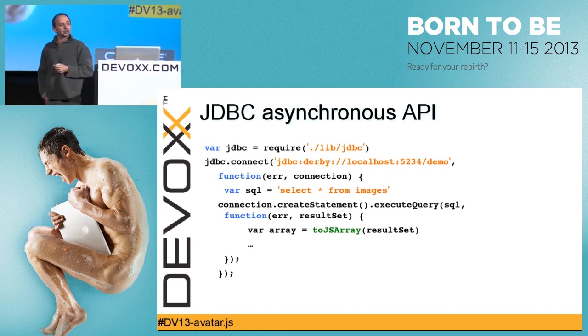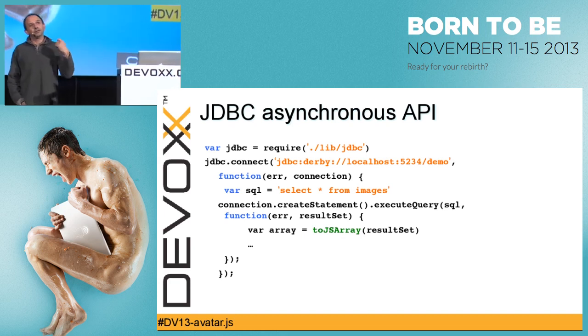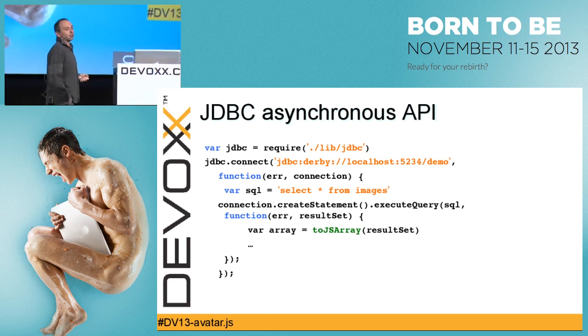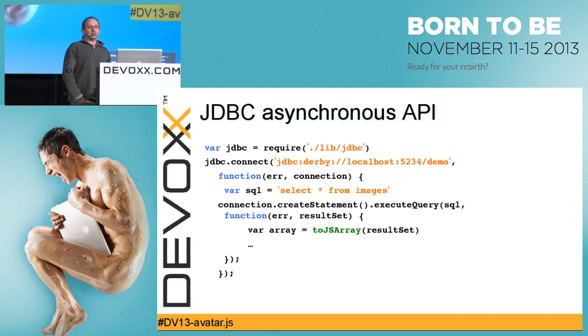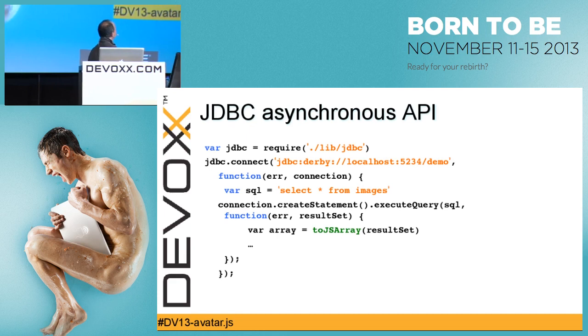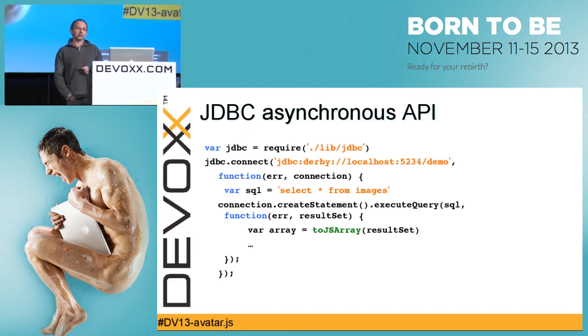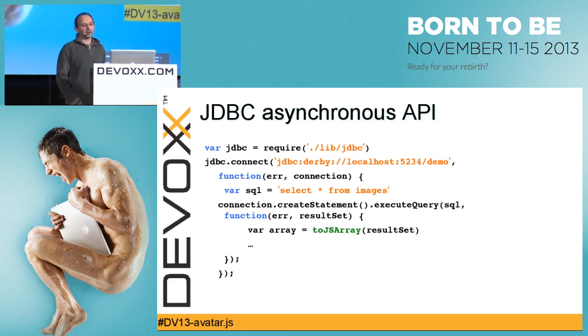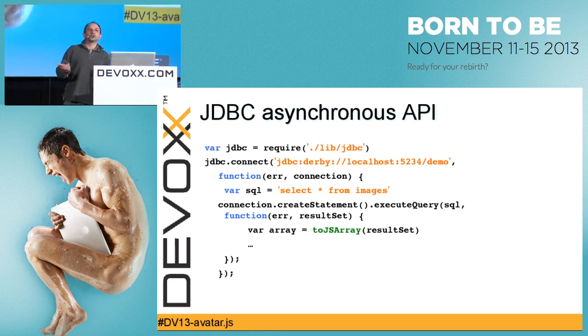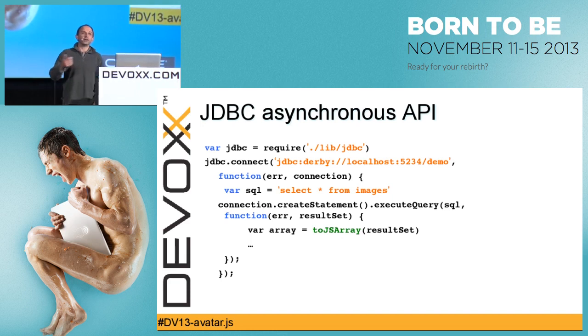So using the connection to create a statement, this is a synchronous call because there is no communication with the remote server there, and ask for SQL query execution. At the end of a select star, you will get a result set. And for this result set, we have defined a utility method to convert it to a JavaScript array. It's much more obvious in JavaScript to use JavaScript instances than a result set.